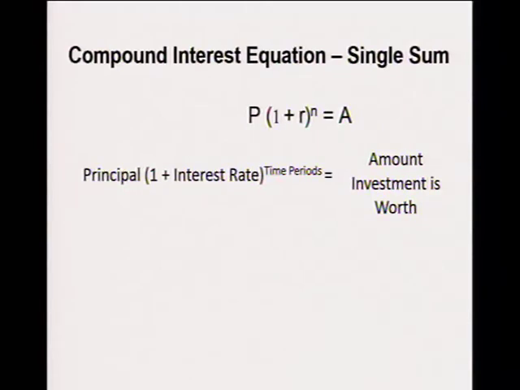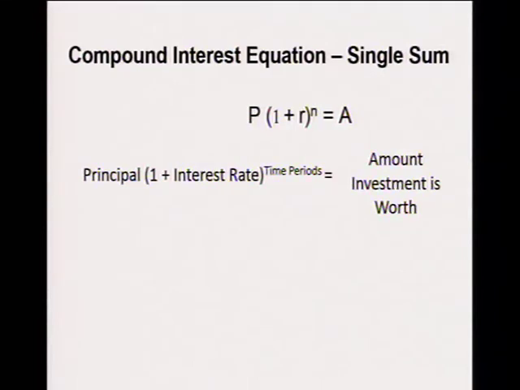N stands for time periods. Most of the time, people mix this with years. A period is the time the investment or the interest is calculated. It does not represent the number of years.